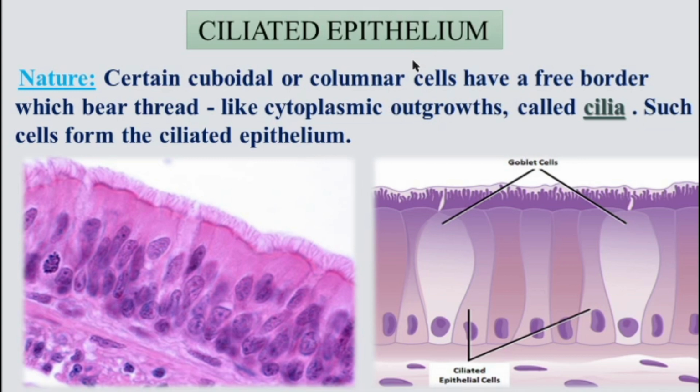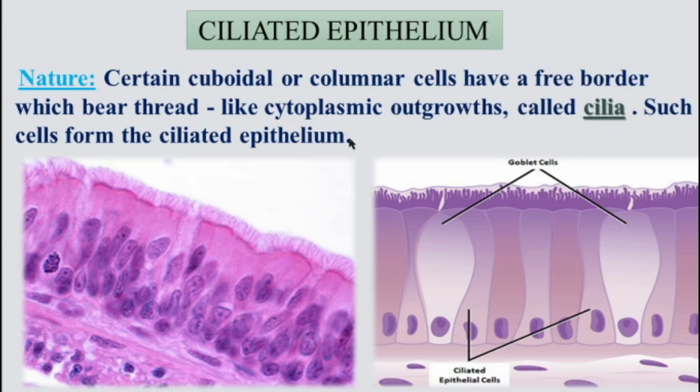They look cuboidal or columnar, and on the free border there are finger-like, hair-like, thread-like projections from the cytoplasmic outgrowth. It is called cilia.